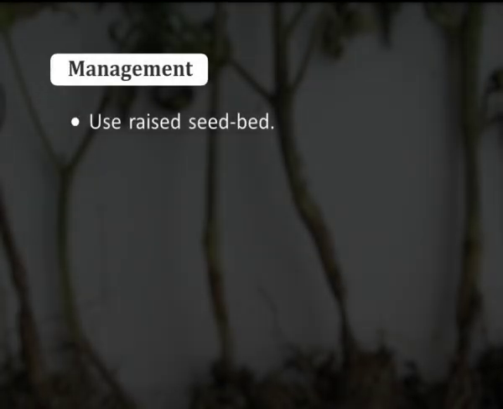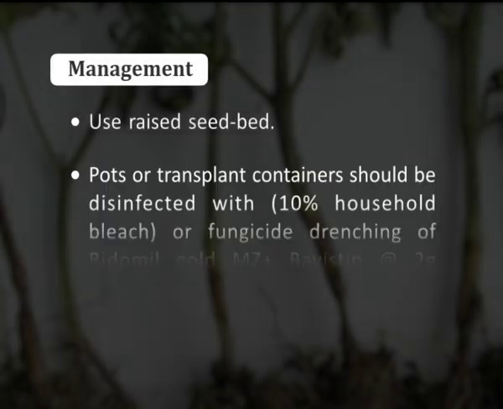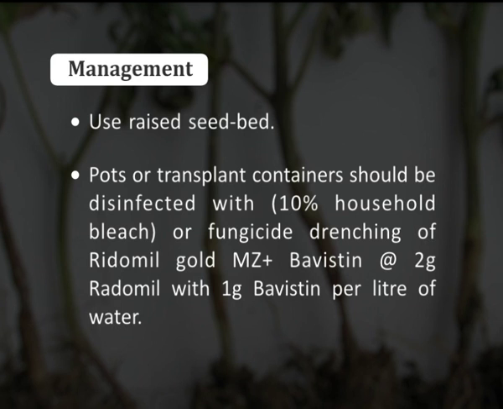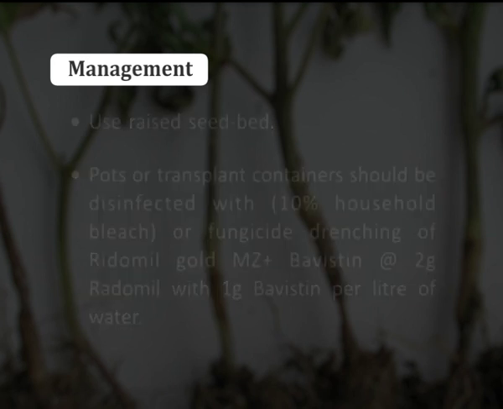Use raised seedbeds. Pots or transplant containers should be disinfected with 10% household bleach, or fungicide drenching with Ridomil Gold MZ plus Bavistin at the rate of 2 gram Ridomil with 1 gram Bavistin per liter of water.